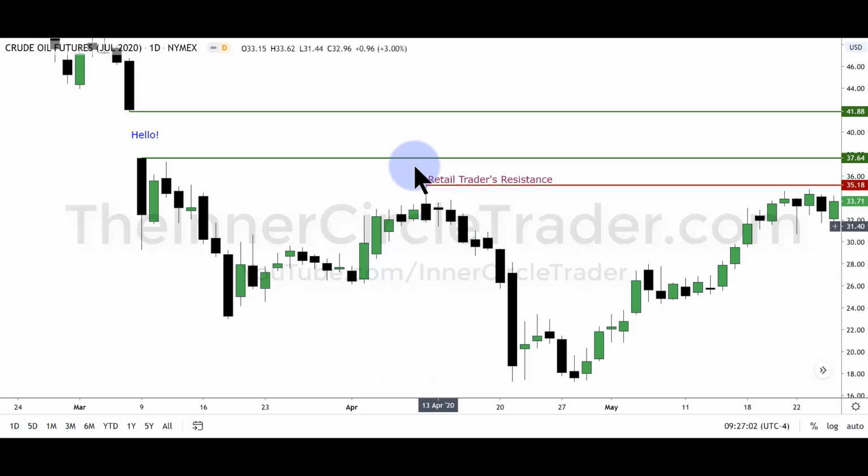Now, I'm not going to go into the reasons why it did here, but as price is doing this, what is the retail trader thinking? Well, price stopped here before, so it's probably not going to go through that. And that is the logic behind 90% of how I decipher price action. I'm looking for those moments when the public or the retail trader, or as I like to dub him, Retail Rick, they see something in price action that is so loosely hinged on factual, real underpinnings of the market.